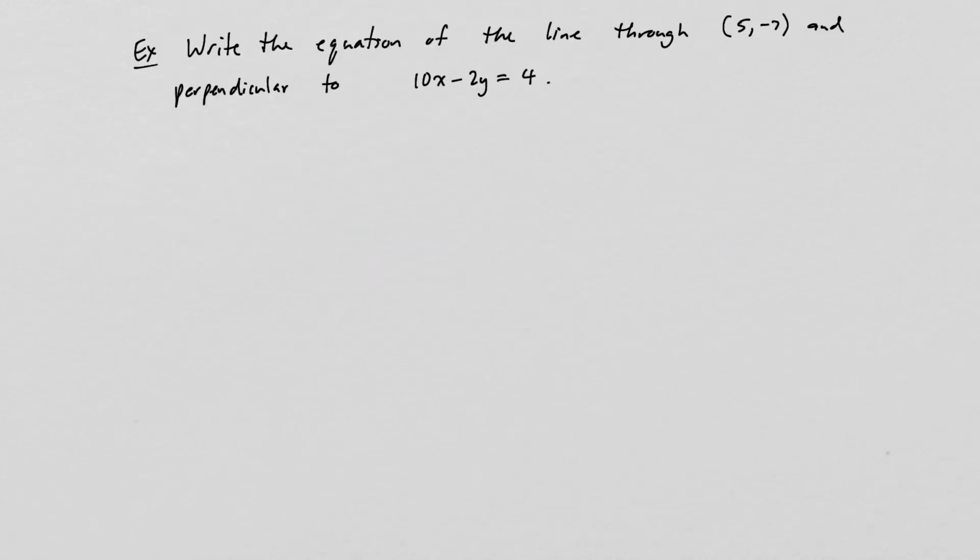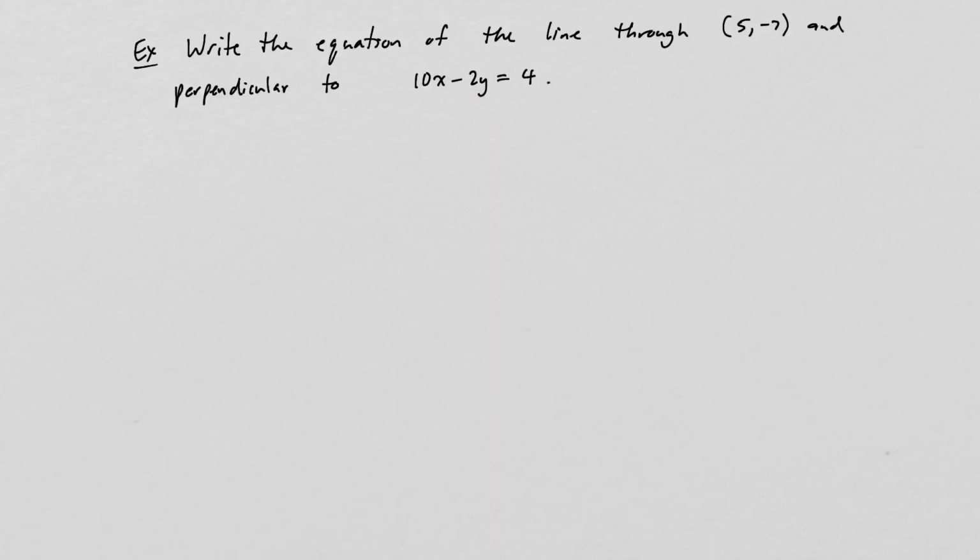All right. So in our next example, it's a little bit more complicated. We're asked to write the equation of the line that passes through the point 5, -7, and is perpendicular to this other line.